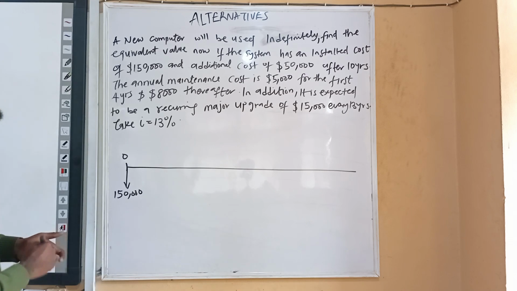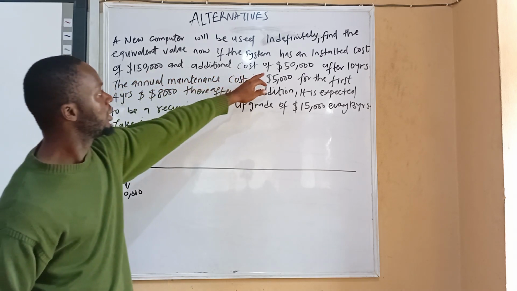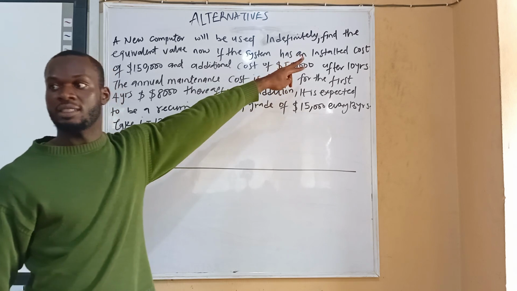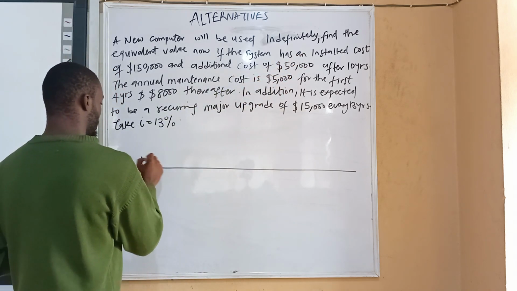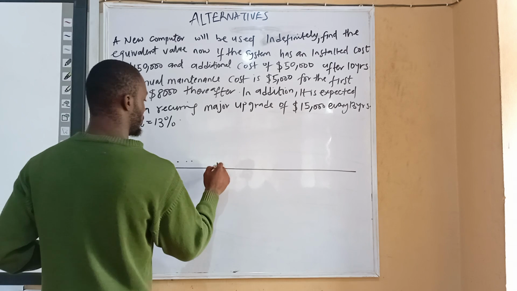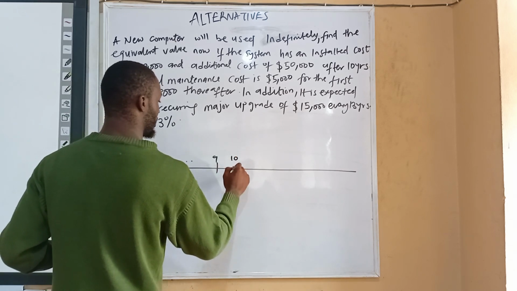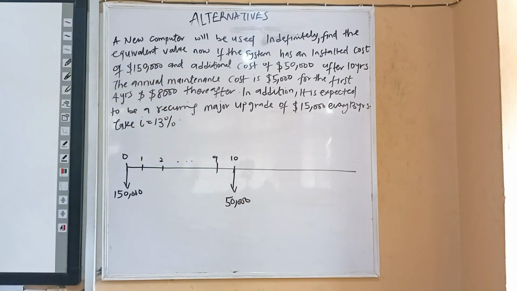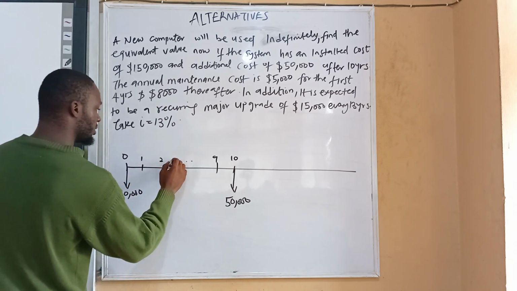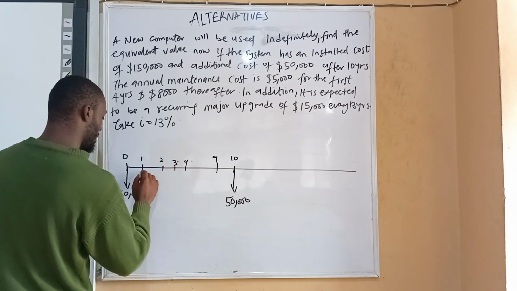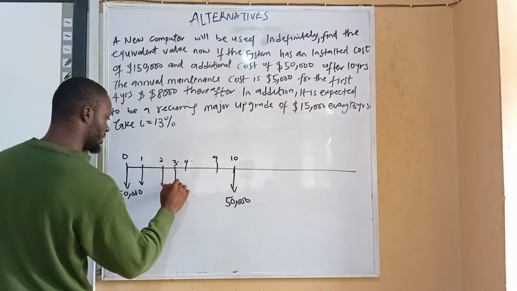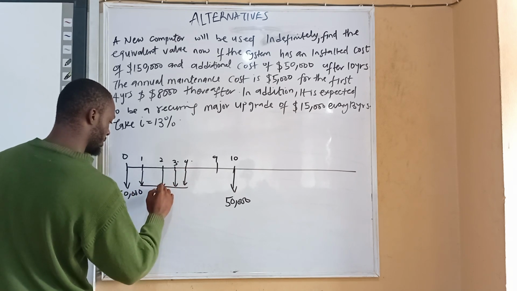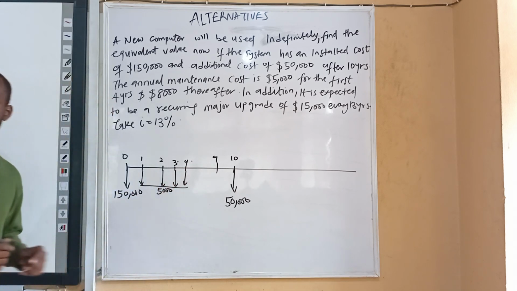$150,000. Now there's 50,000 naira after 10 years. So this is our 1, 2, let's say 9, 10. This is 50,000. Now the annual maintenance cost is 5,000 for the first 4 years, so for the first 4 years there is 5,000 annual expense.